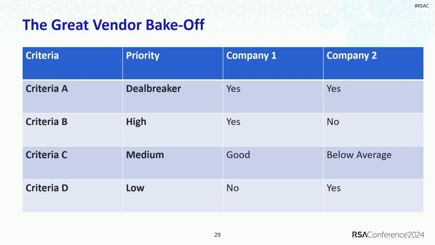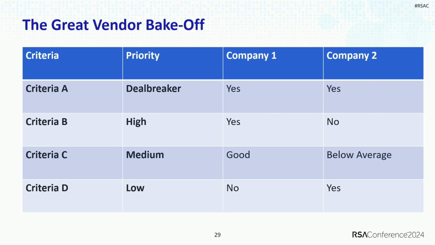So when it comes to the Great Vendor Bake-Off, when you have multiple proofs of concept, for example, you would have your different success criteria, and you can line it up with different priorities. So for example, over here, we list down a deal breaker, and basically any company that couldn't go through that hurdle, unfortunately, will have to be dropped.